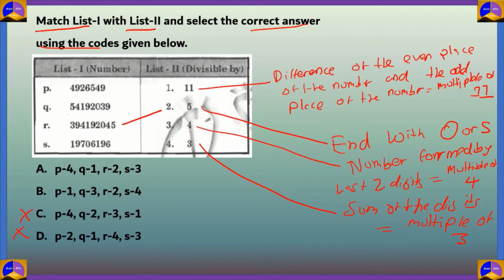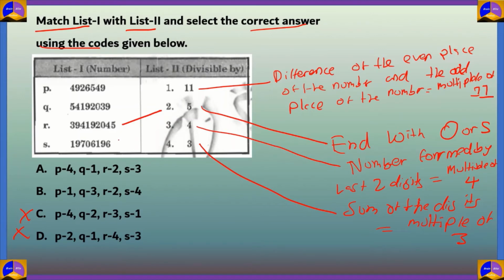Now the divisibility rule of 4 suggests that the number formed by the last 2 digits will be a multiple of 4. A multiple of 4 will never be an odd number because one of 4's factors is 2 and the multiples of 2 are always even. So the multiple of 4 will always be even.